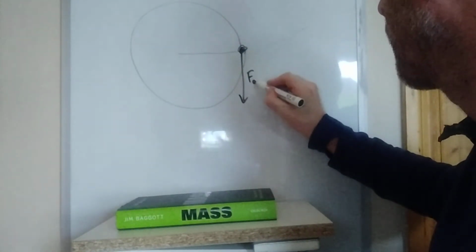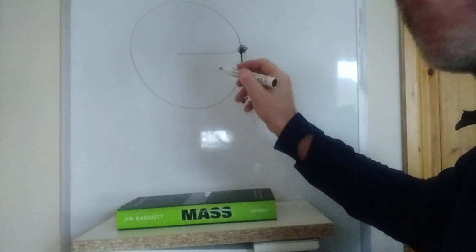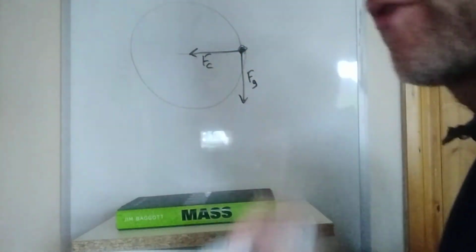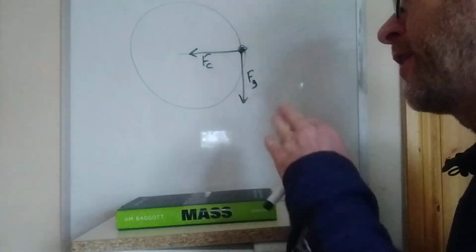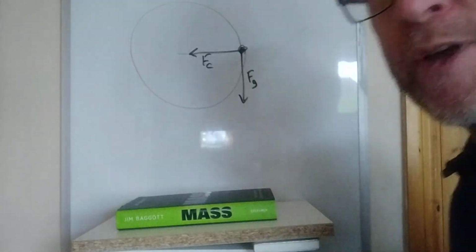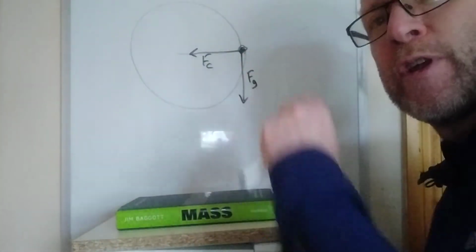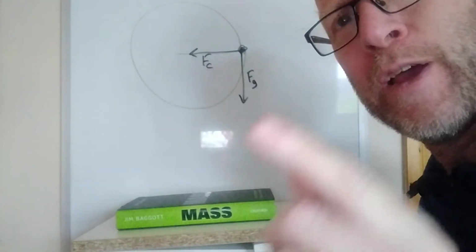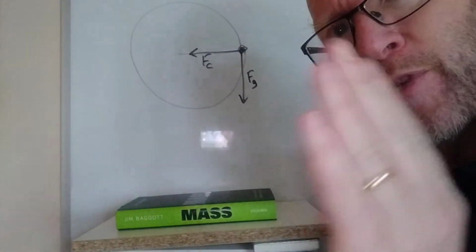Okay, force of gravity. But remember, if it's moving in a circle, there is always a centripetal force towards the center. Always towards the center, no matter what. They'll be the two forces. You could have put in another force, a reaction up due to the air or something like that, or the hand, but they were the critical two forces. But if it's centripetal force, always a force towards the center.